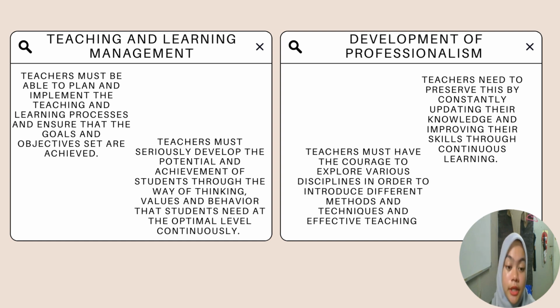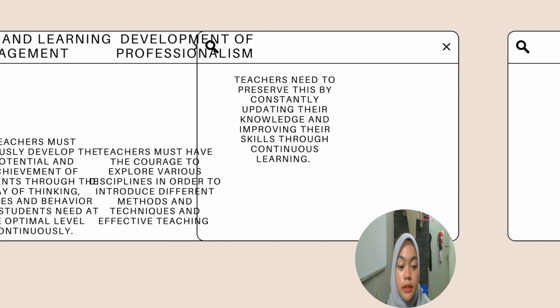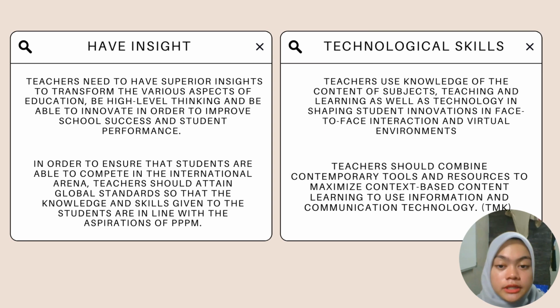And the second implication is about development of professionalism, where teachers need to preserve this by constantly updating their knowledge and improving their skills through continuous learning. Number three talks about having insight, where teachers need to have superior insights to transform the various aspects of education, be high level thinkers, and be able to innovate in order to improve school success and students' performance.